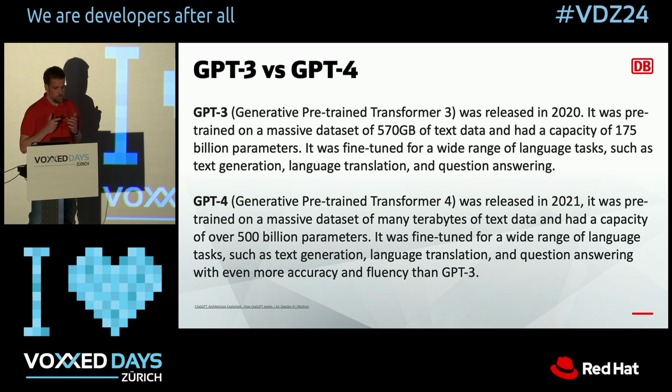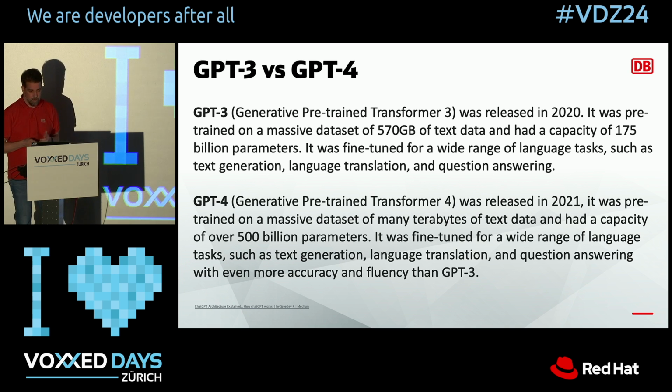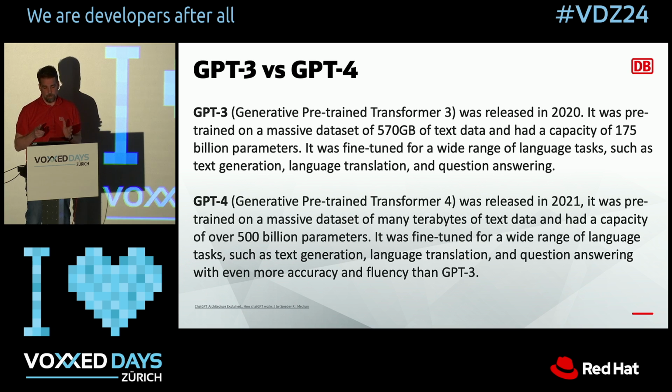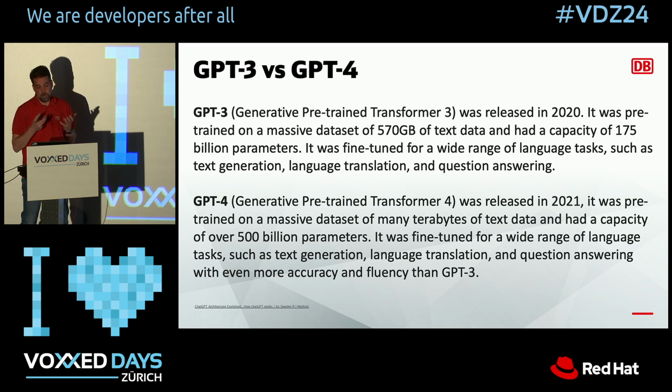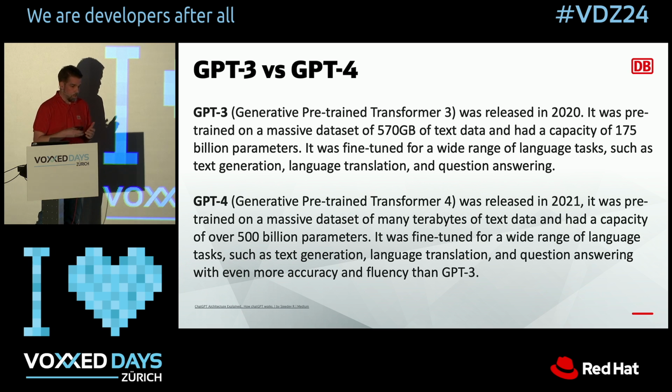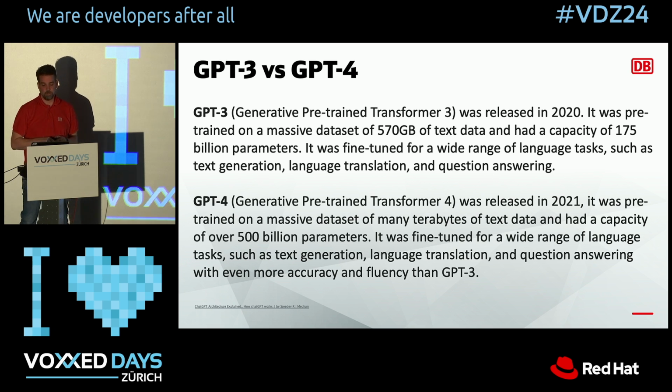It starts with comparing the GPT-3 versus the GPT-4 model. Both are generative pre-trained transformers. A transformer can transform text, so it can translate text, or for instance also translate your code from Python to Java, something like this.